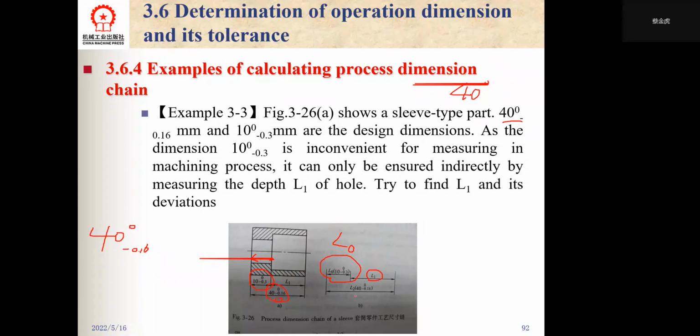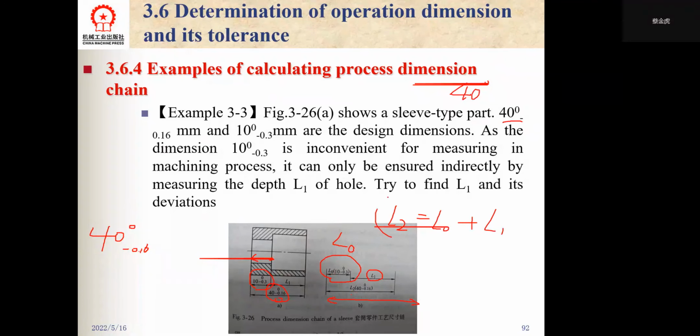And L2 is the increasing link, because when L2 increases, if it's longer, then L0 will be a larger number. So L2 is an increasing component. And L2 equals L0 plus L1.